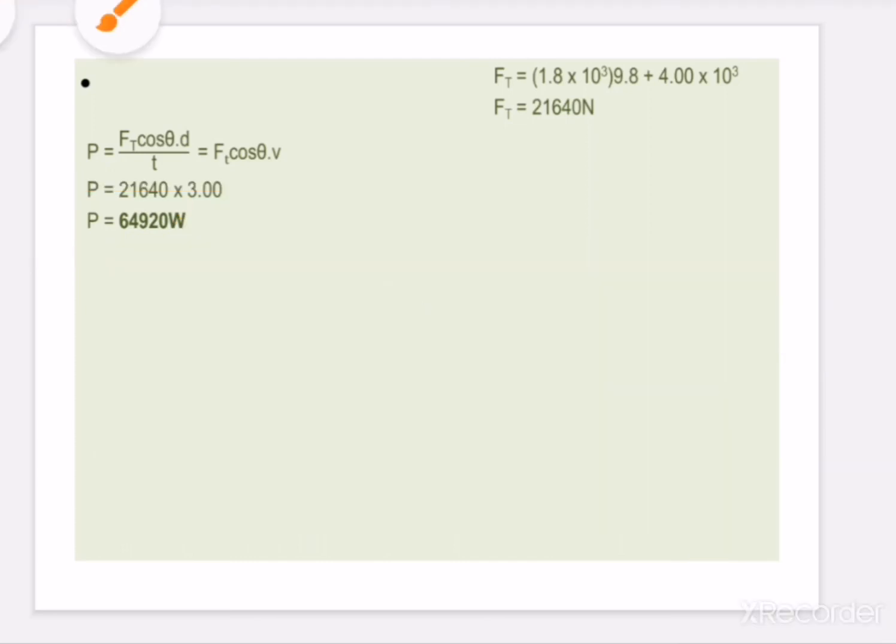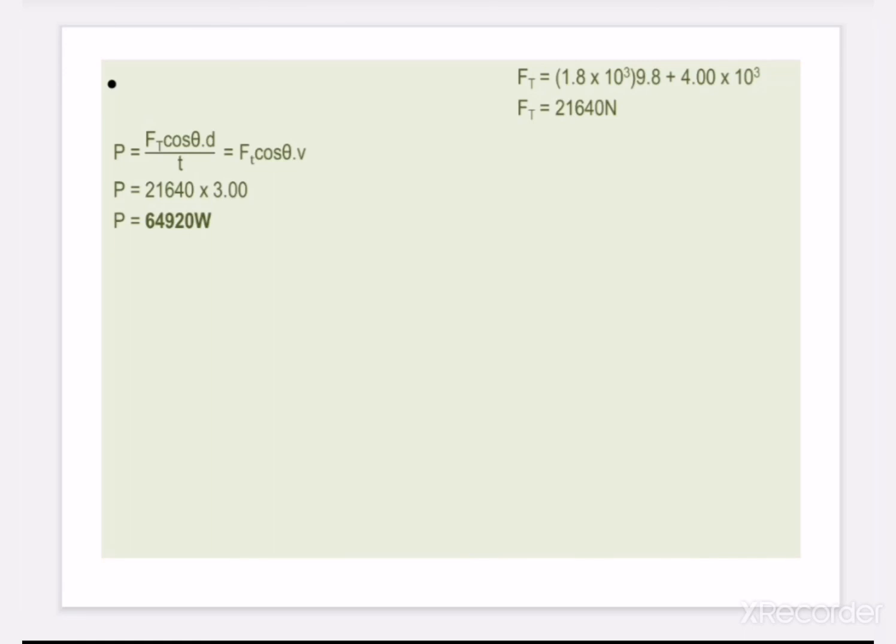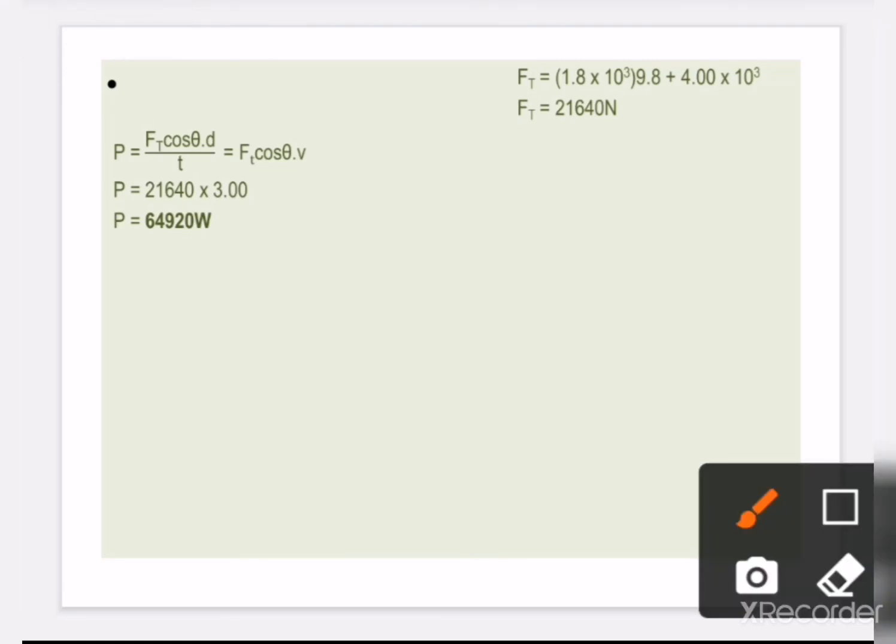Then for the second part, of course, the relation between a watt and a horsepower. 1 watt is equivalent to how many horsepower? Okay, now this value of power which we have obtained here is in watts, but remember the question says we need to find this amount of power in kilowatts and also in horsepower.